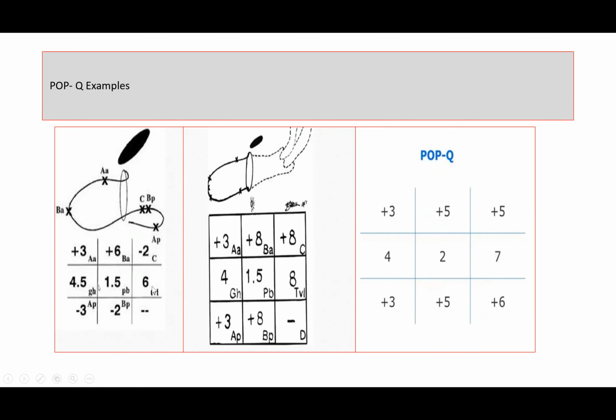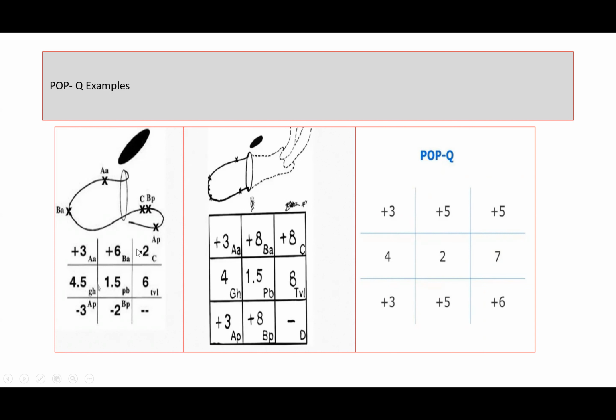So TVL is 6, 6 minus 2 is 4. So less than 4, right? So this is stage 3 prolapse. What is stage 4 prolapse? It is more than or equal to TVL minus 2. So TVL minus 2 is 4. So it is 4 or more. So this is stage 4 prolapse.